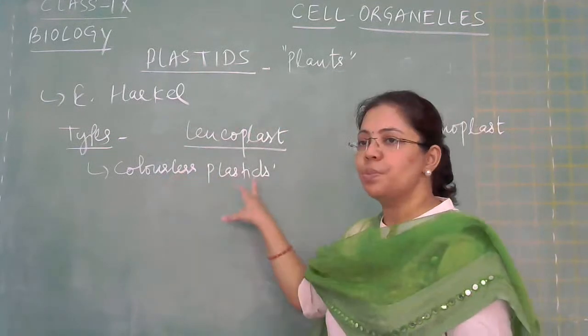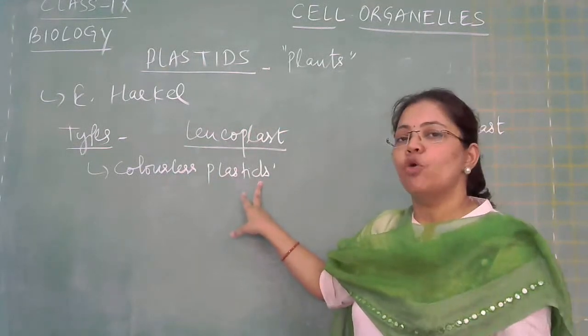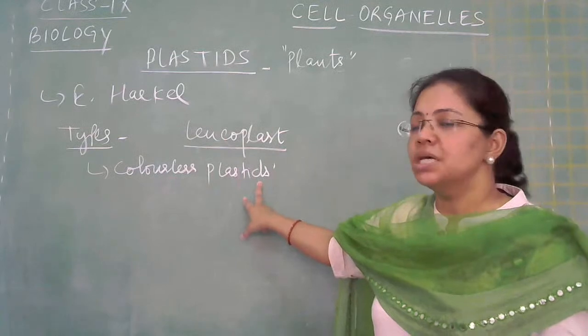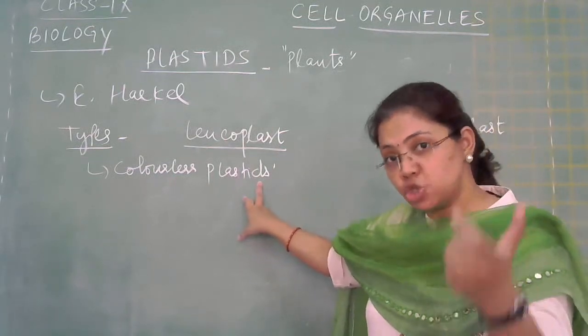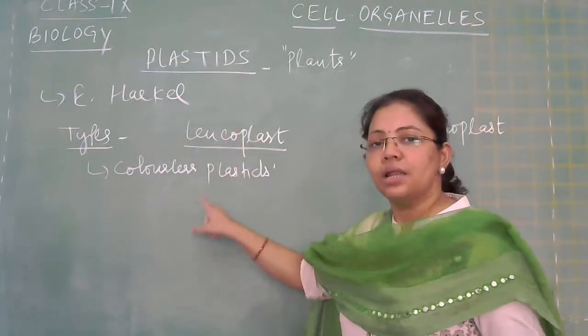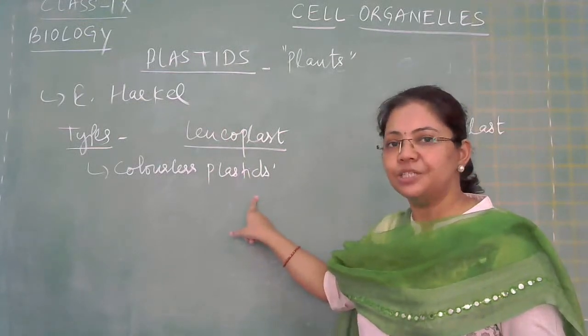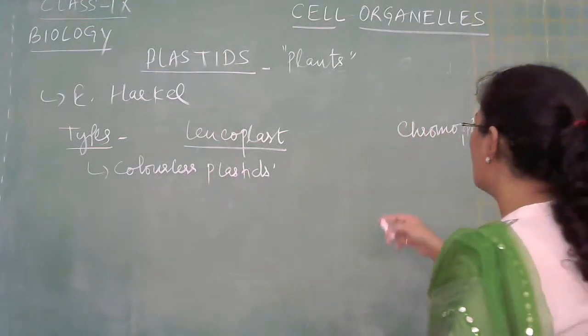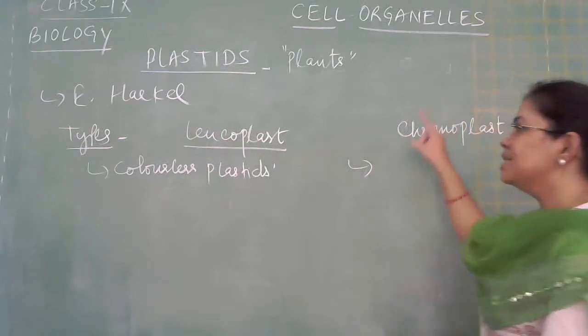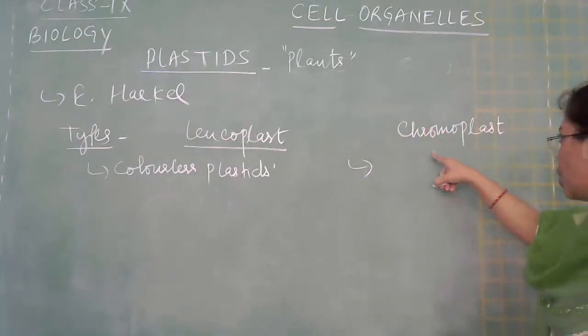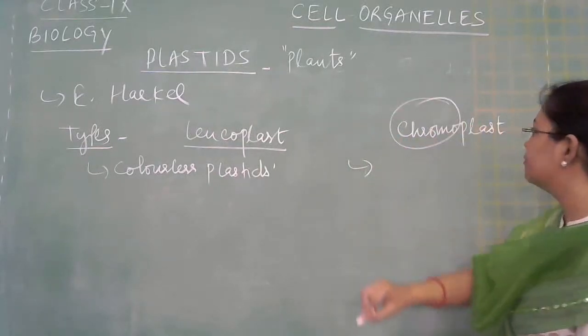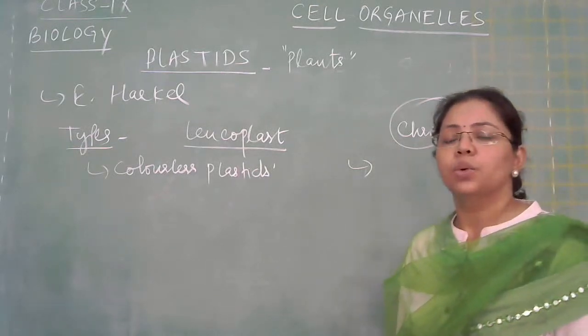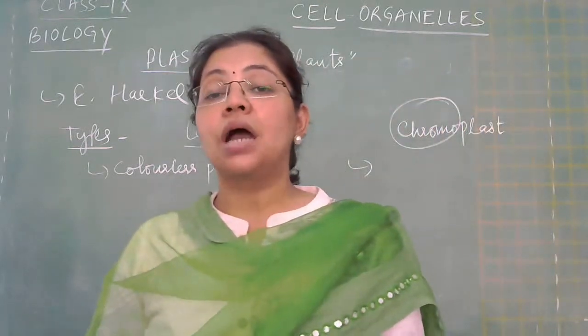So leucoplasts are colorless plastids, meaning they are devoid of any kind of pigment. They don't contain any pigment, so they are colorless plastids, right? Another is chromoplast. From the term itself, we can take out the meaning. The first part of the term is chromo, and the word chromo stands for color.